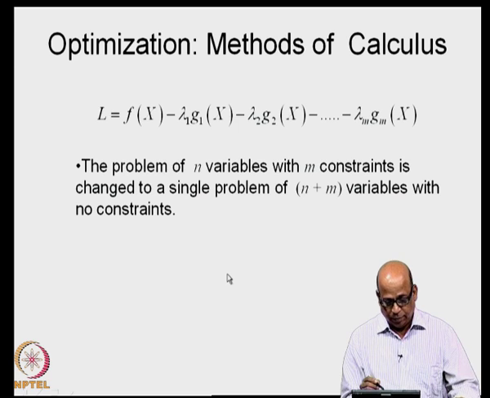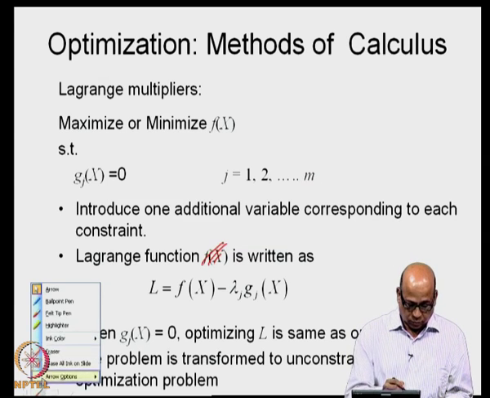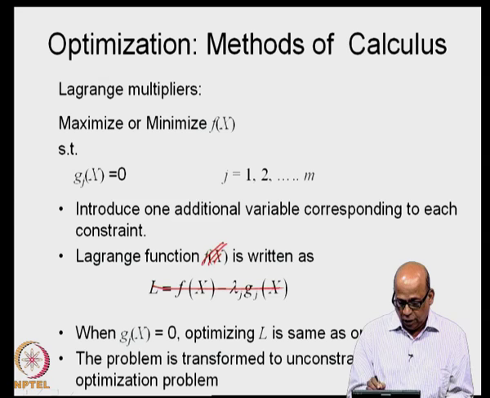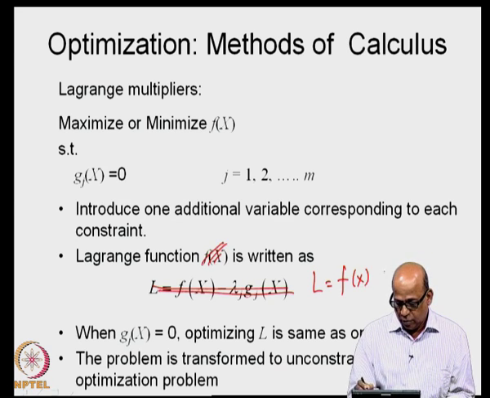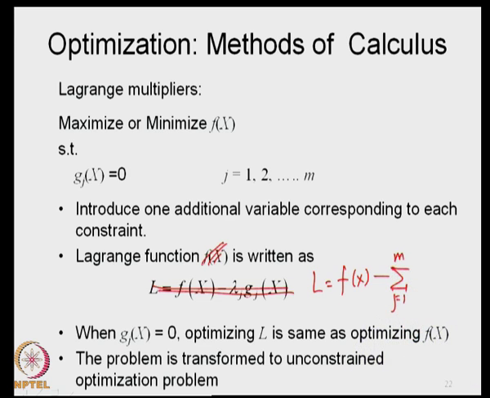I am sorry, let me rewrite this here. L is equal to f of x minus summation j is equal to 1 to m, there are m constraints, lambda j gj of x. Now, this is how we formulate the Lagrange function, that is the Lagrange function associated with the original function f of x and the set of constraints gj of x with Lagrange multipliers.